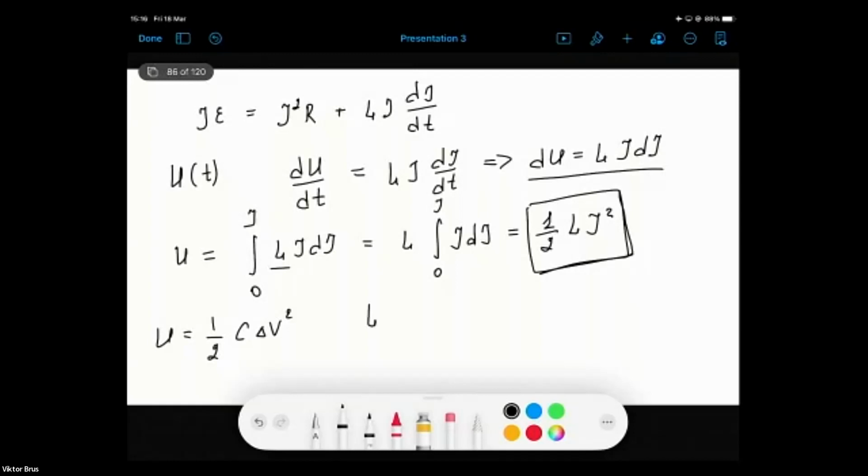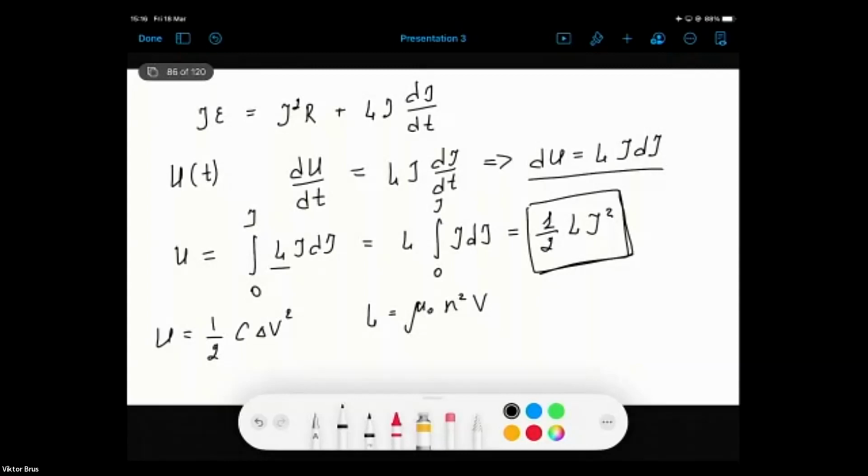Its inductance can be expressed as mu naught times n squared times V, which is the volume of inductor, cross section of the solenoid times its length.